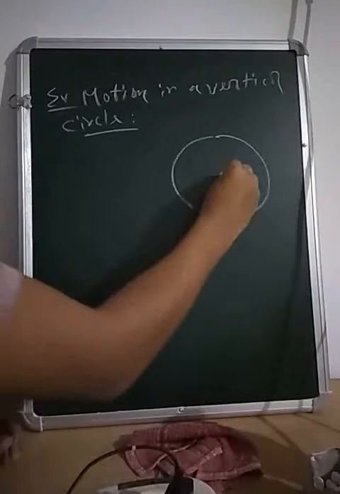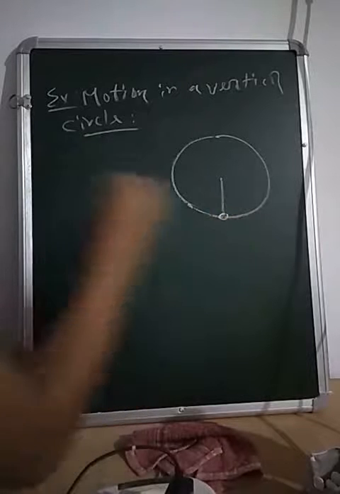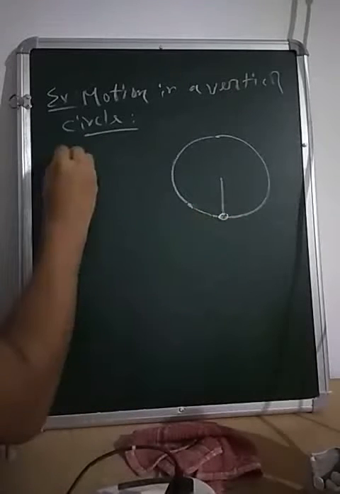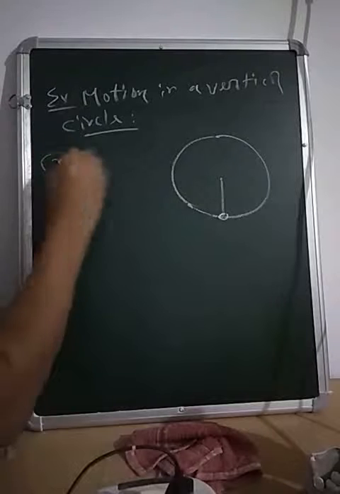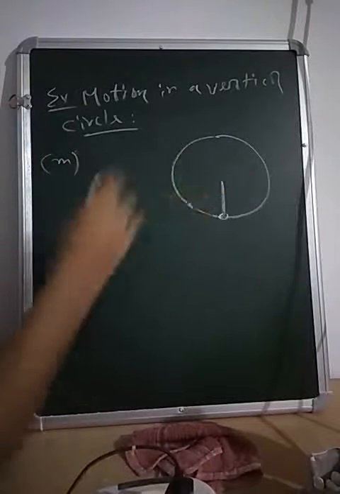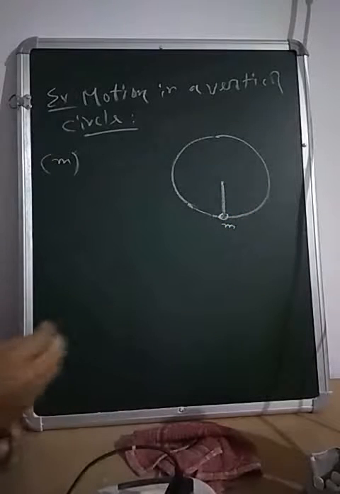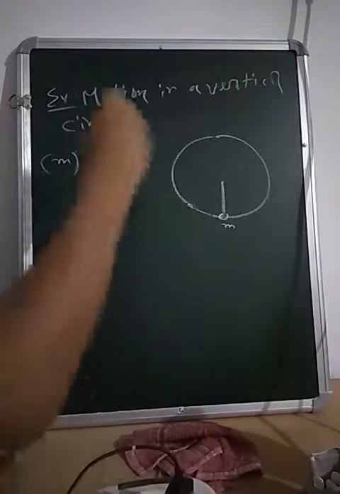Suppose you have tied up a body of mass m with a string or rope, and you rotate it in a vertical circle.